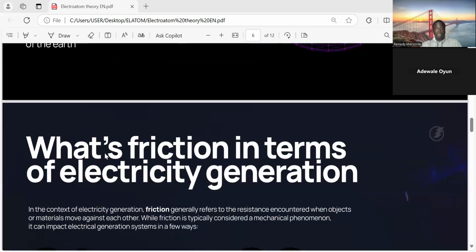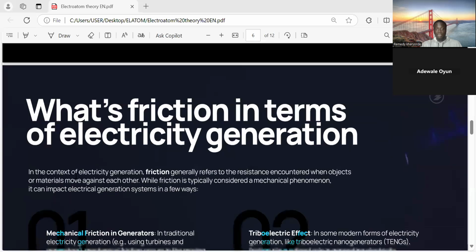So what is friction in terms of electricity generation? In the context of electricity generation, friction generally refers to the resistance encountered when objects or materials move against each other. So friction occurs when objects or materials move against each other, and friction is typically considered a mechanical phenomenon.